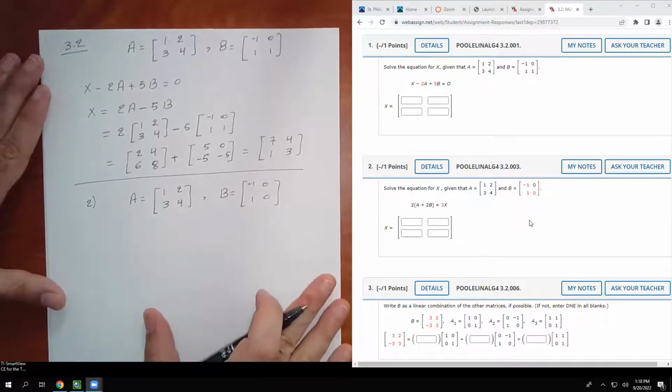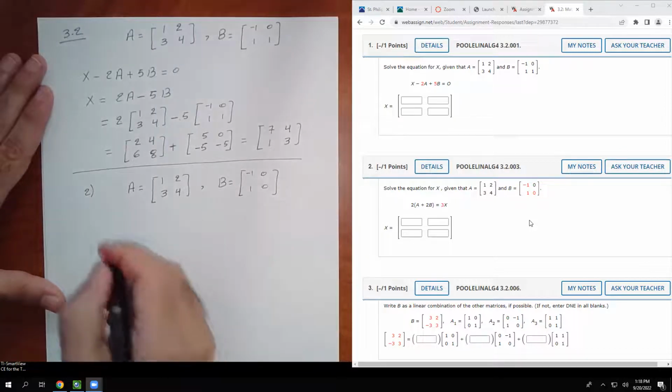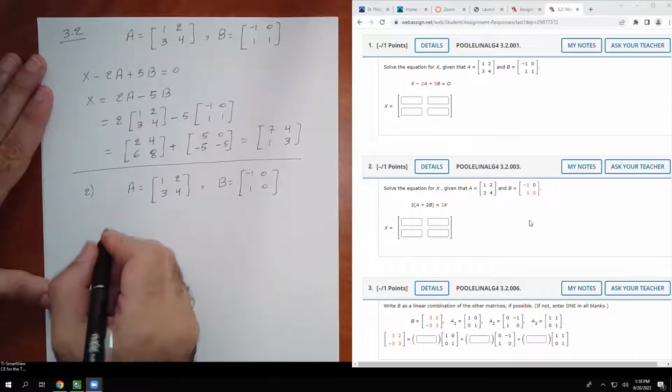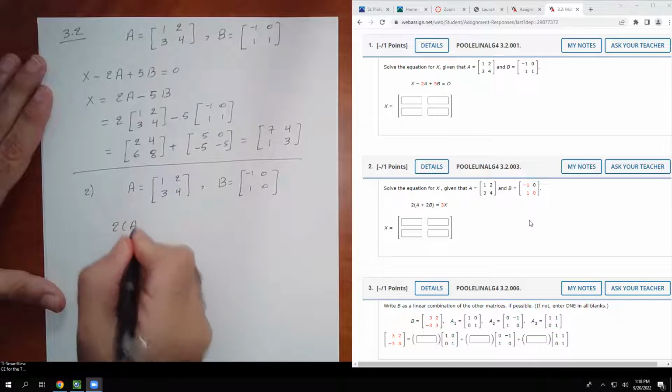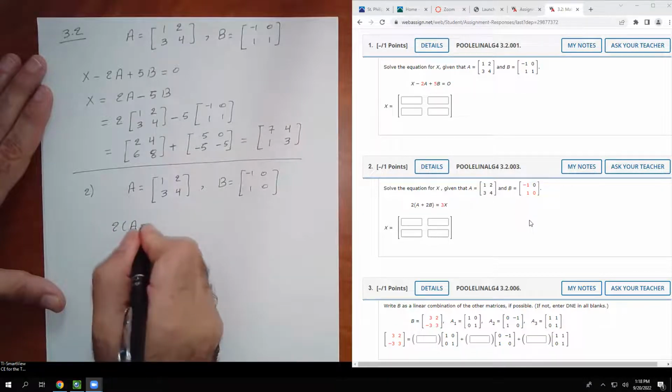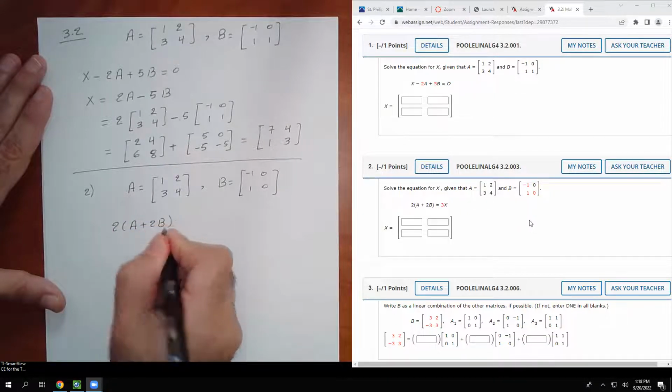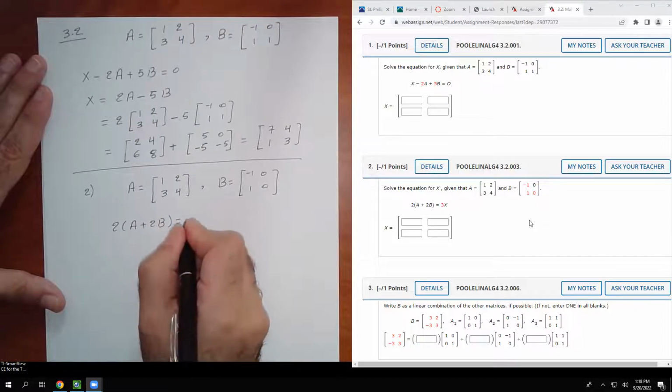We need to find the value of x. Solve for x, where they say A plus 2B equals 3x.